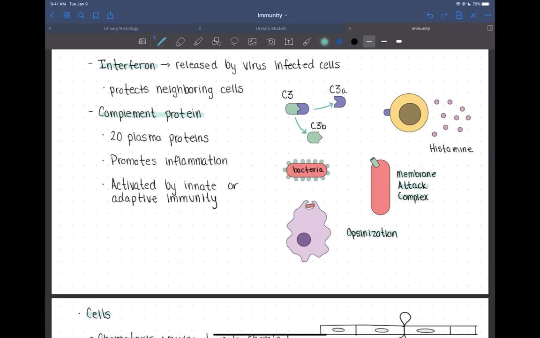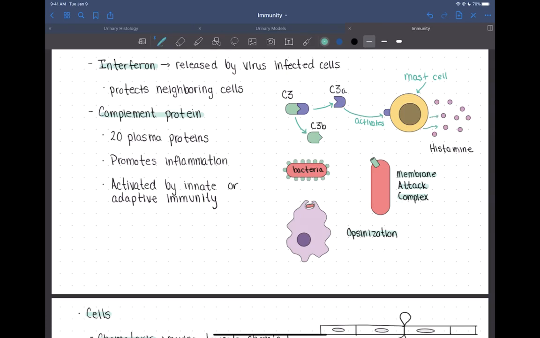So let's start with C3a. So C3a, what it's going to do is it's going to travel to a mast cell. All right, and it is going to bind to it and it's going to activate the mast cell. And so that mast cell in response is going to degranulate, right?